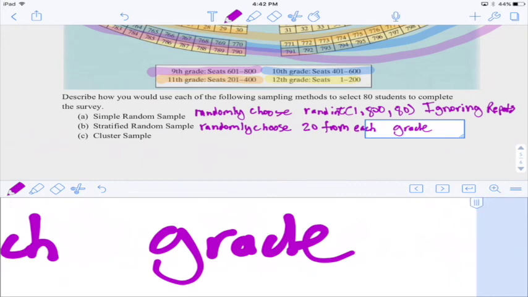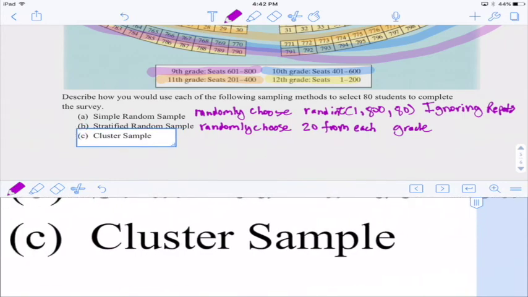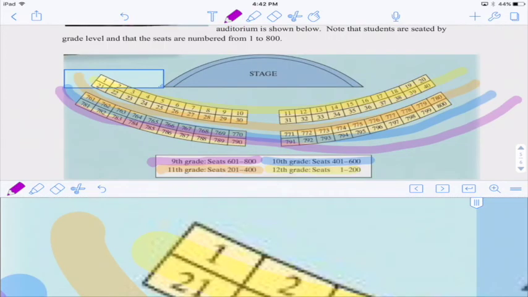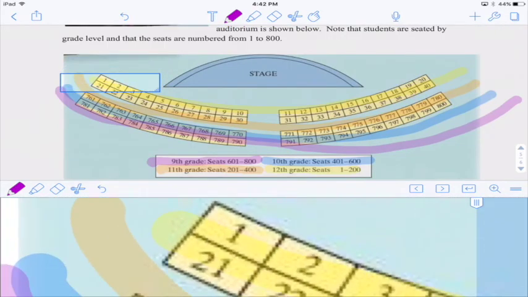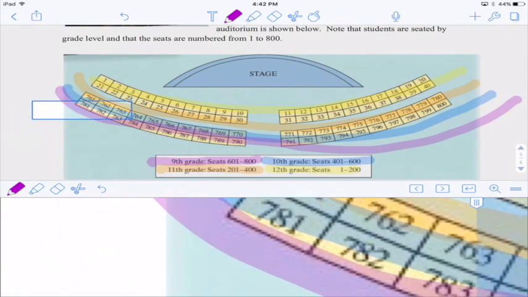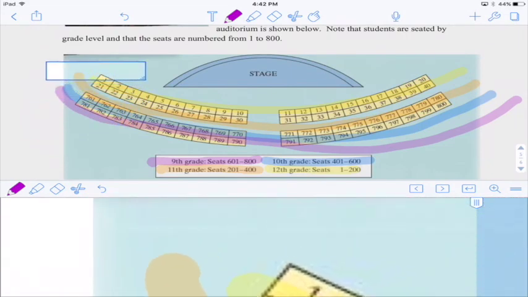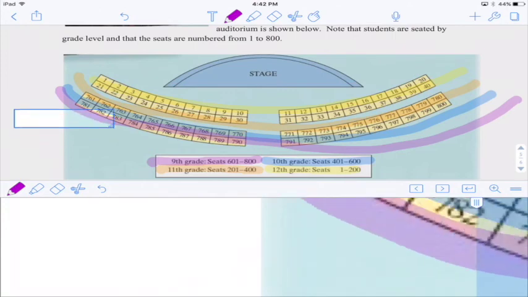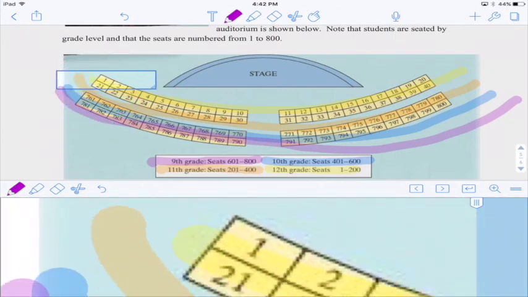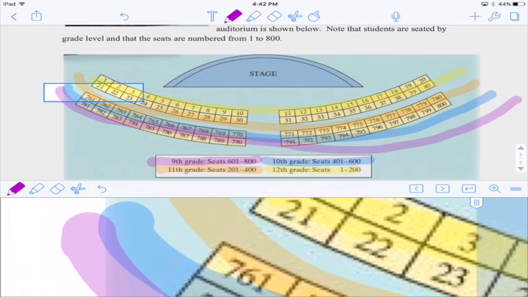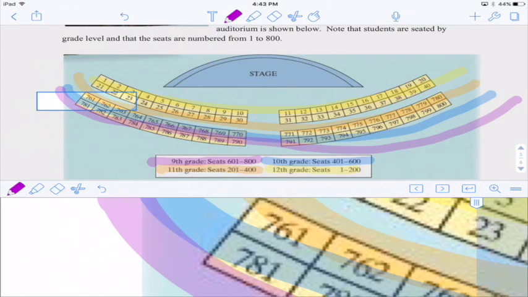In a cluster sample, we would choose a row. If I chose row 1, I would have some seniors, some juniors, some sophomores, and some freshmen. And I would sample every single person in that first row. So that 1, 21, then it would be 41, 61, but that would only give me 40.